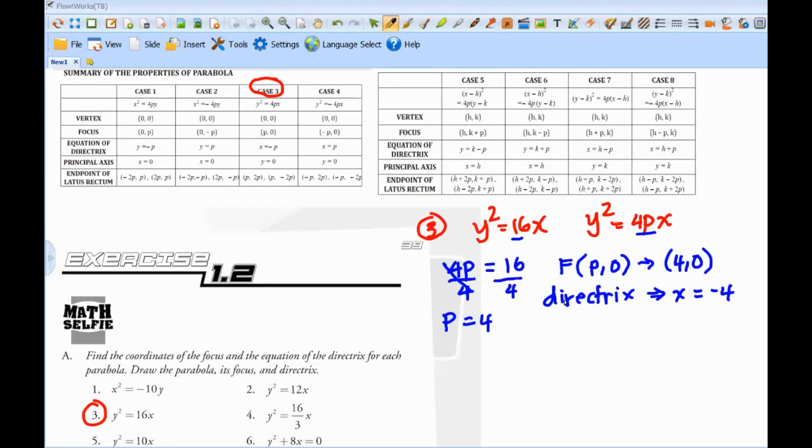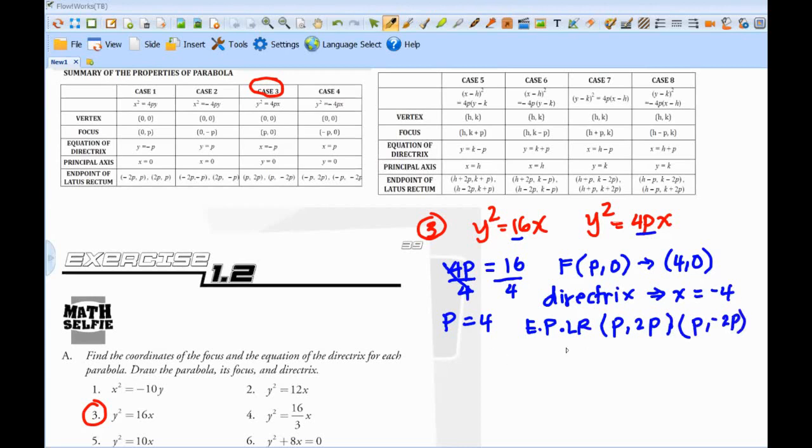And the endpoints of the latus rectum, we have (p, 2p) and also we have (p, -2p).